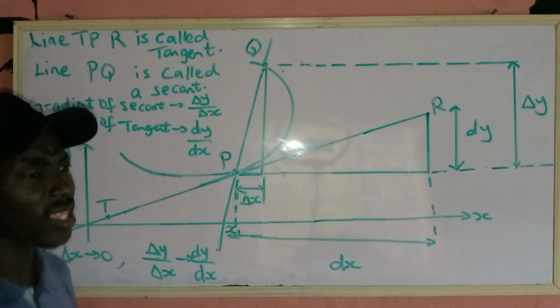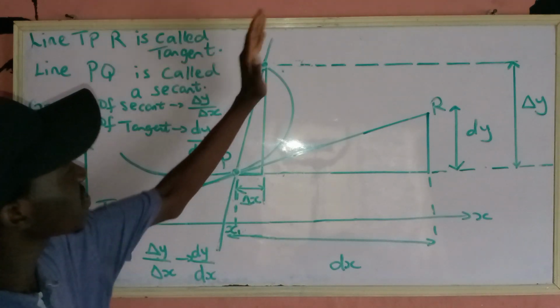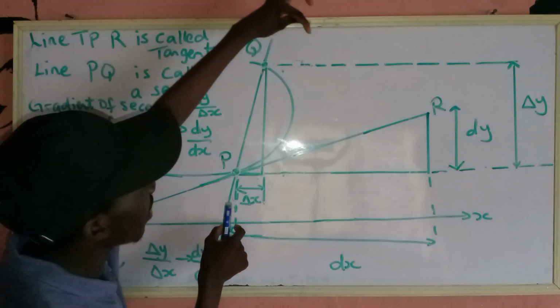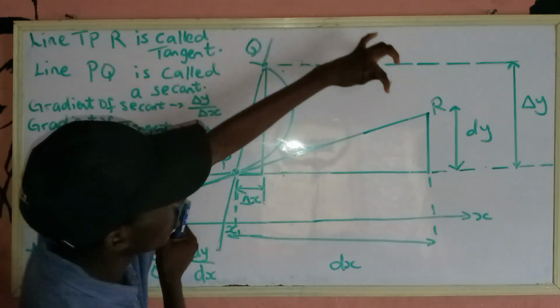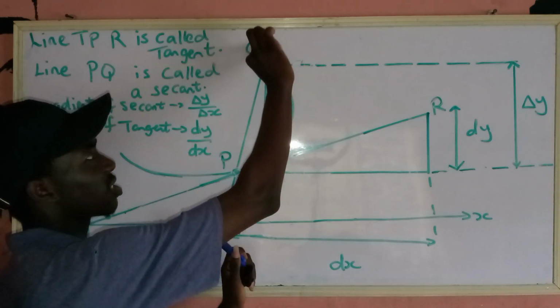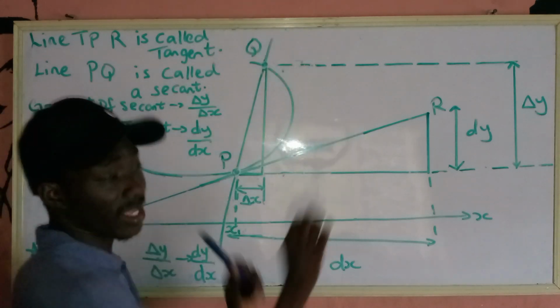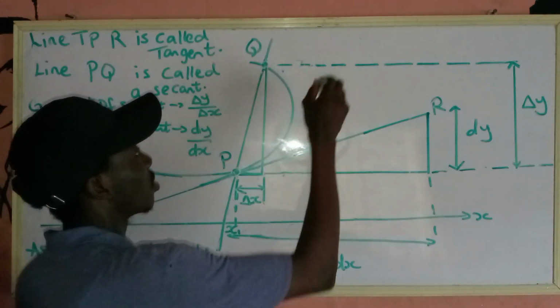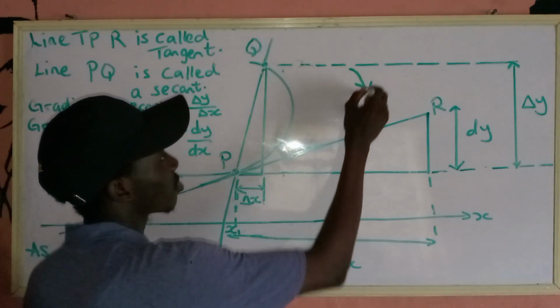Are you getting? They now said this secant, when you start turning it like this, so let me draw it. Let's turn the line clockwise, so it goes in this direction.